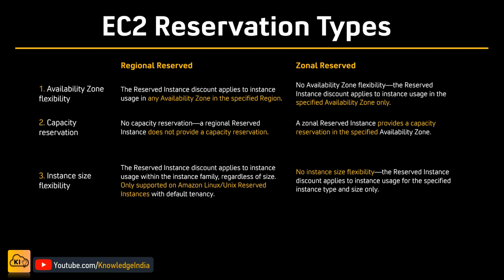You can run your instances in any one of the availability zones in that region and you'll get the discount, but no capacity is reserved for you. Whereas in case of zonal reserved instances, because you choose the availability zone, capacity is reserved for you in that availability zone, which means your instance will run in that availability zone 100% for sure.